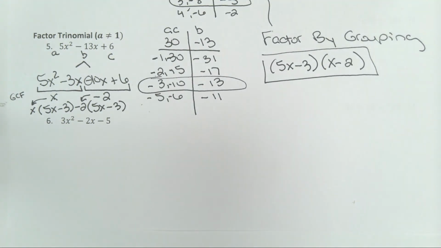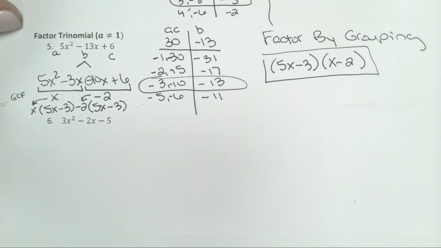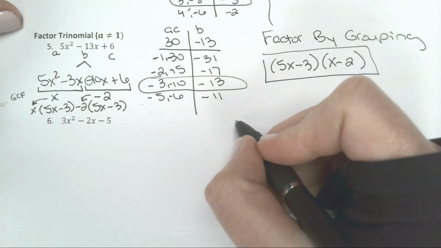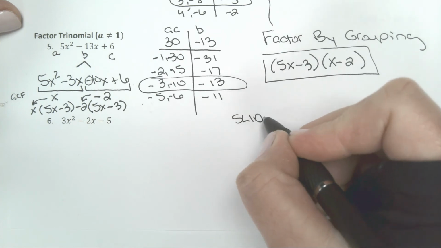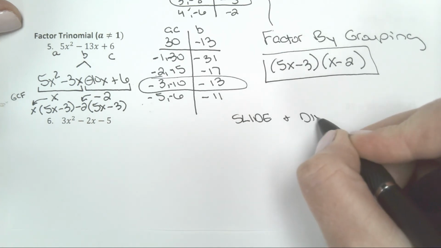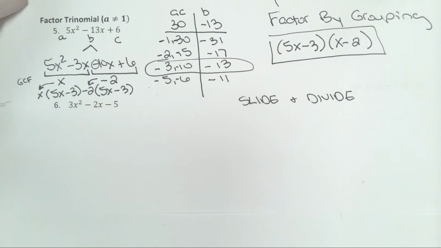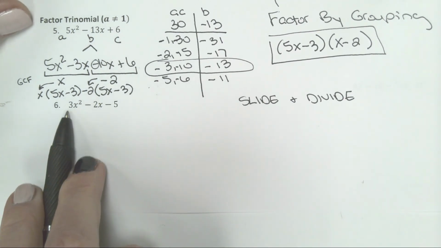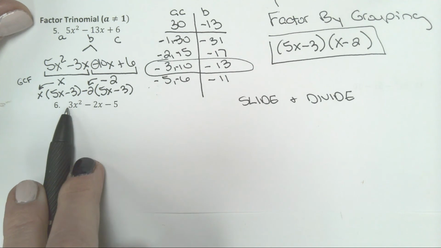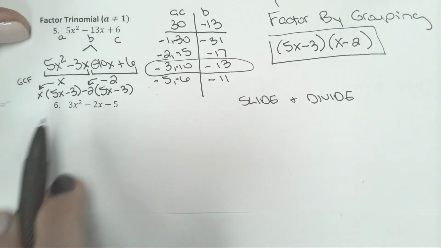A couple years ago, I learned this other way, and we're going to do number 6 a slightly different way, and it's called slide and divide. So this is a strategy that I use when A is not 1.